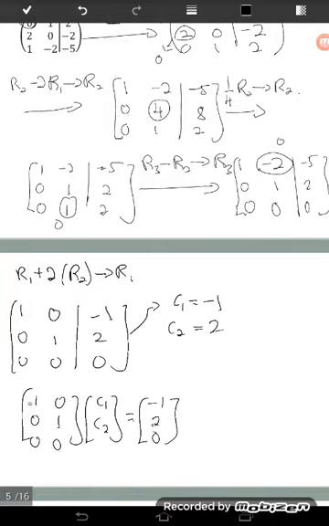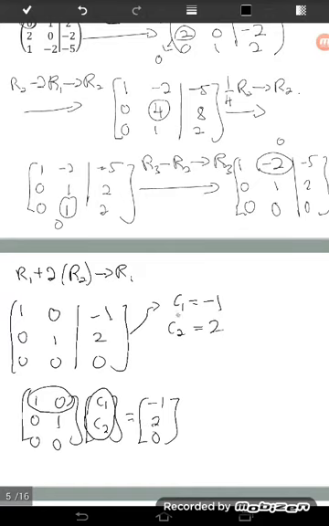Okay, so row times by column, so you will have C1 times 1 is C1, and 0 times C2 is 0, so C1 equal to negative 1. And then from second row times column, we have 0 times C1 is 0, and then 1 times C2 is C2, so C2 equal to 2.